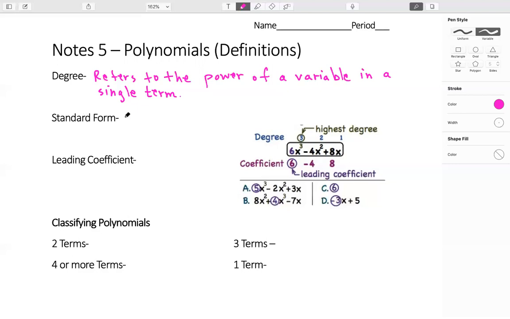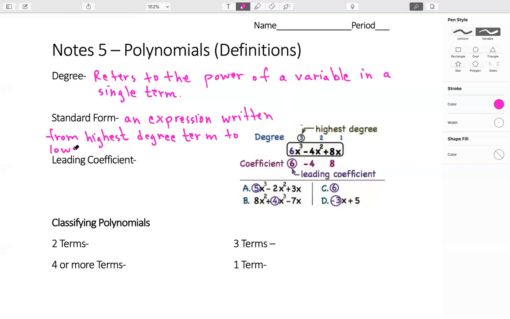So standard form is an expression written from highest degree term to lowest degree term.